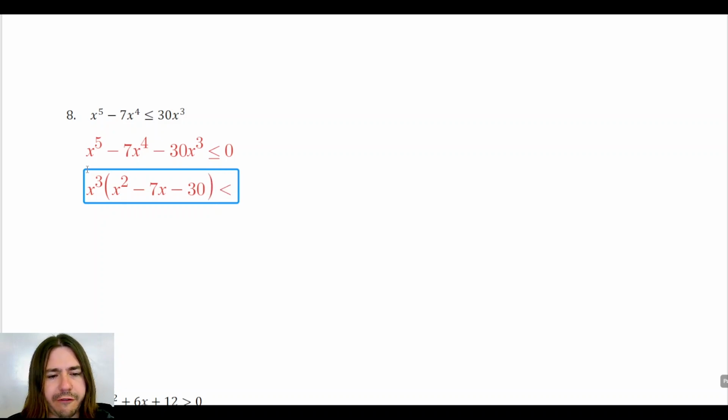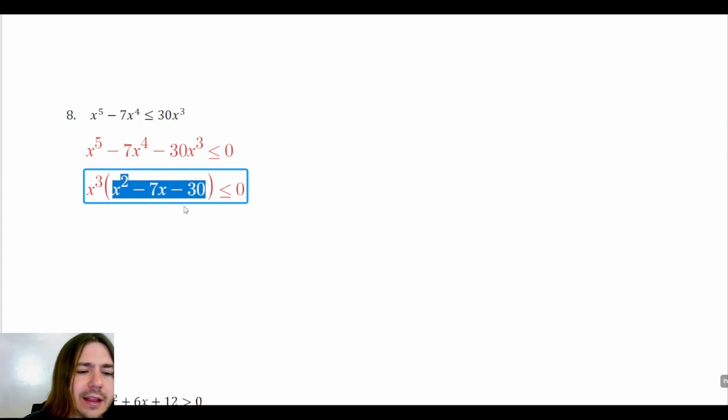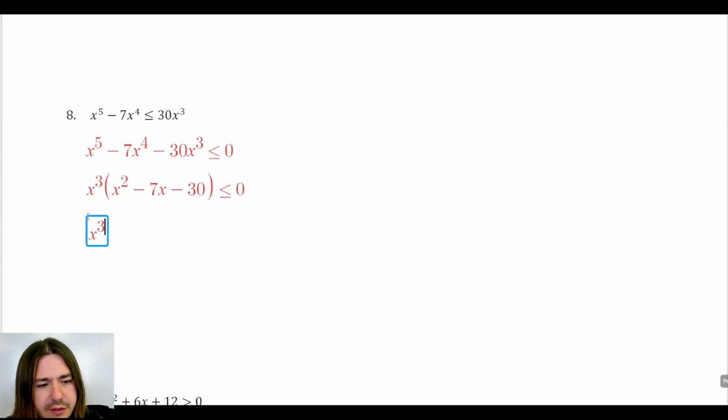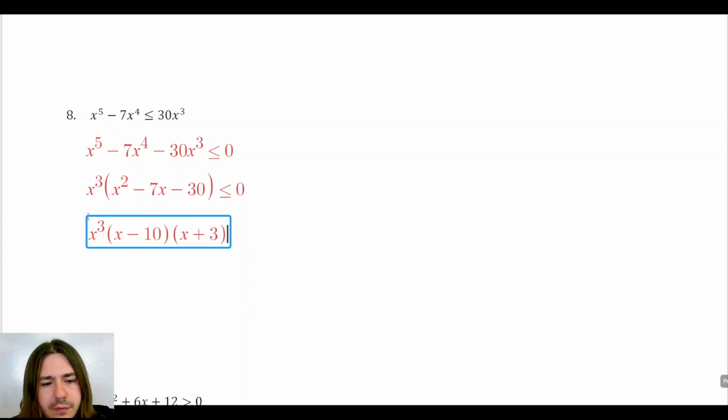In order to factor that last trinomial, we need to find two numbers that multiply to give me negative 30, but add up to negative 7. That would be negative 10 and 3. So my factors are going to be x cubed times x minus 10 times x plus 3.